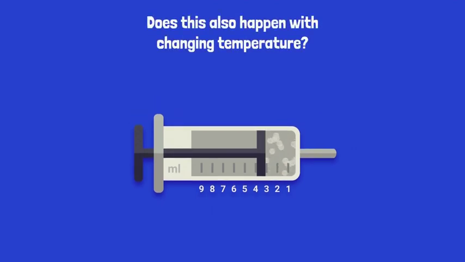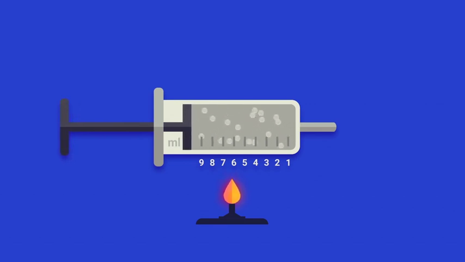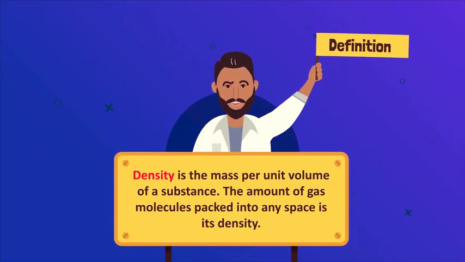Does this also happen with changing temperature? Of course. When the temperature of a gas is increased, its molecules move further apart. Therefore, the density of gases is not constant because their volumes can change. Density is the mass per unit volume of a substance.